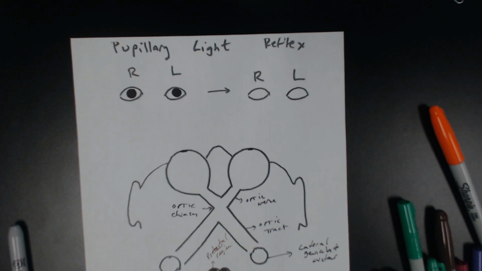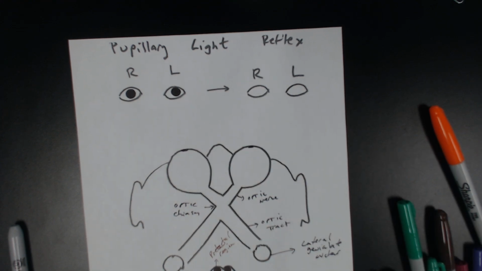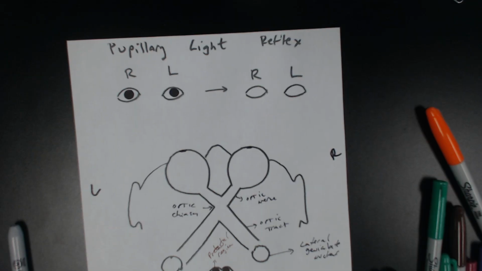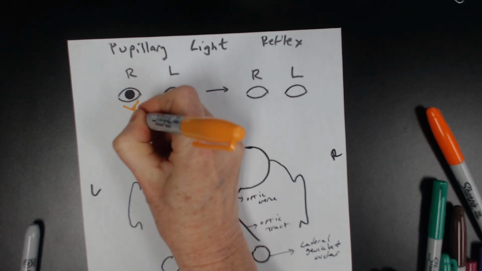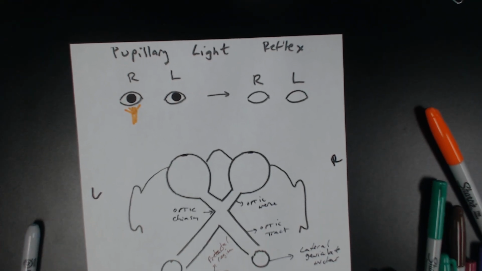And what you're going to do is shine a flashlight into one of the eyes. Let's say this is the right side, and this is the left side. So you're going to shine the flashlight here into the right eye. This is my little rendition of a flashlight, shown just into the right eye.